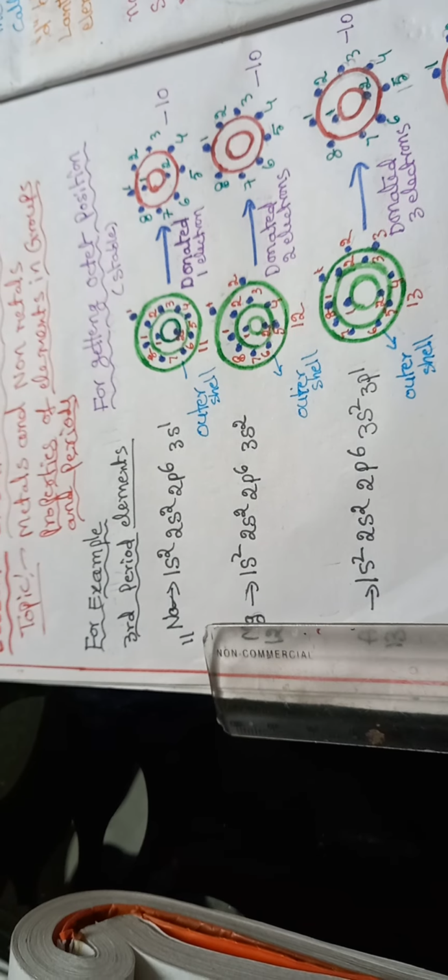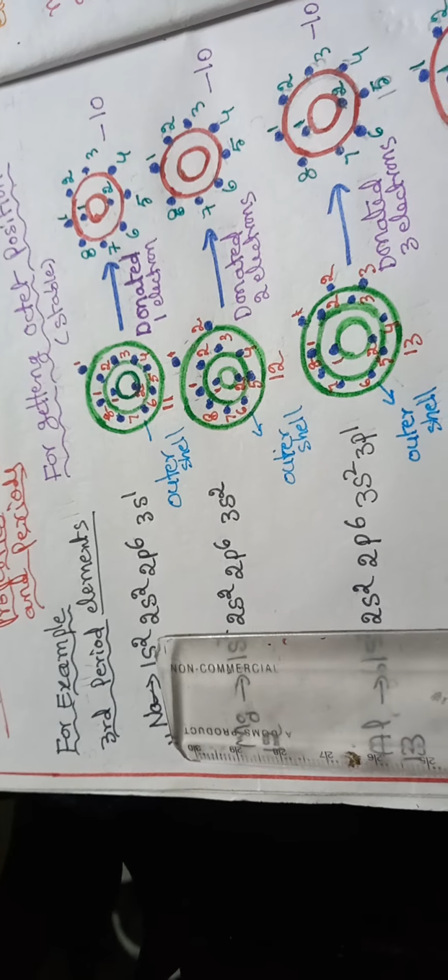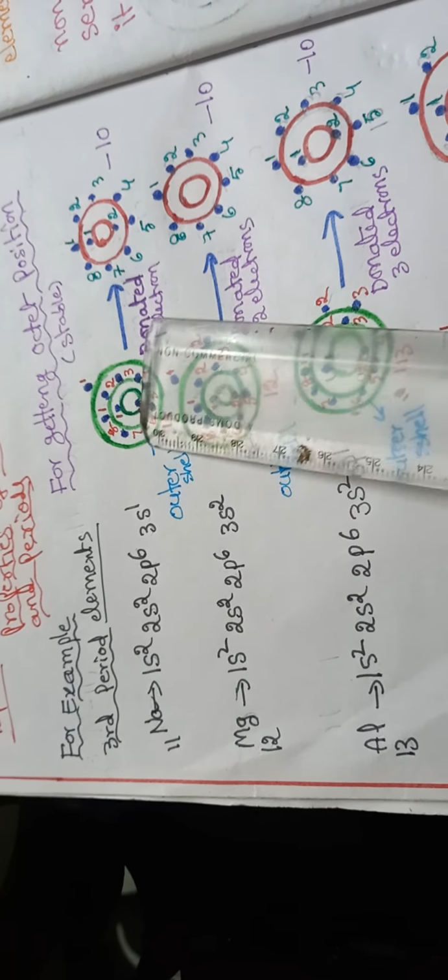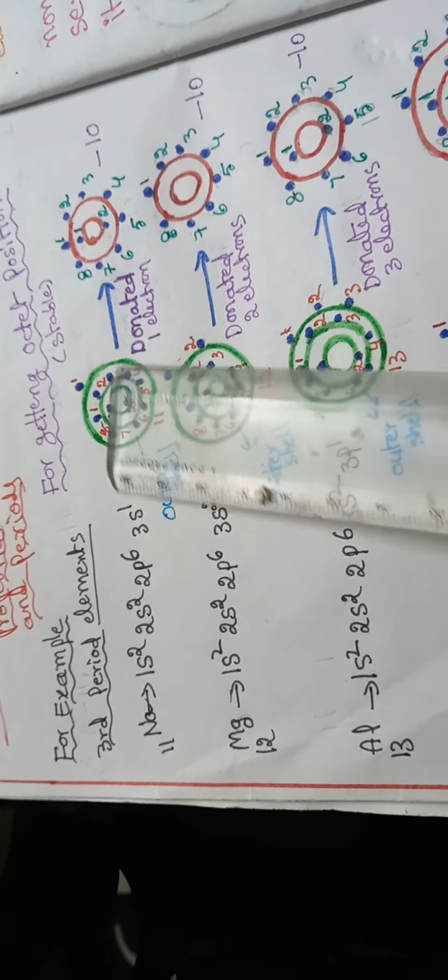First element, sodium, atomic number 11, electron configuration 1s2, 2s2, 2p6, 3s1. So this is a sodium atom.